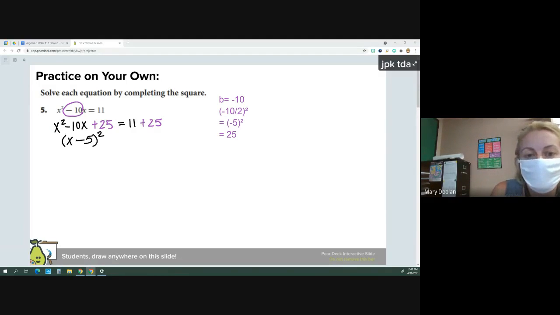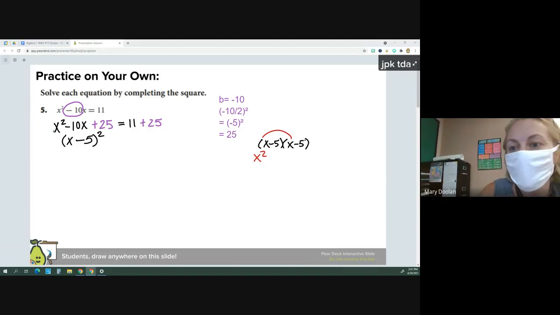And you can always check that this actually does equal what you have. You come over here and just write it out, x minus 5 times x minus 5. And you FOIL it. First terms give you x squared. The outside terms give you -5x. The inside terms give you -5x.